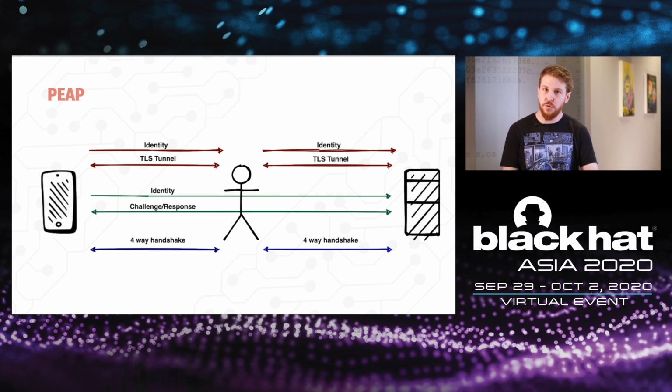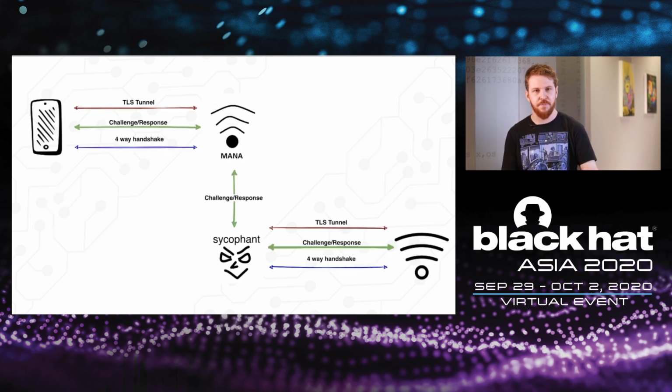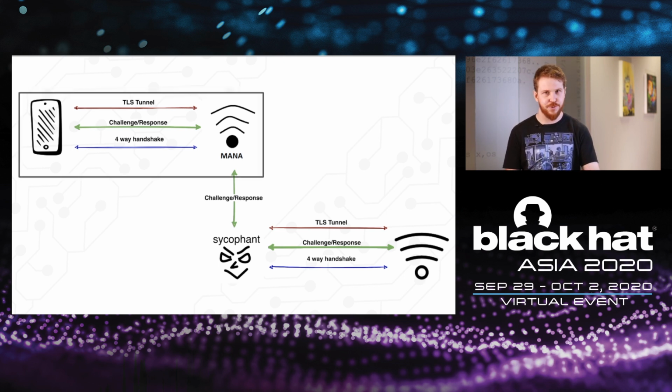This is done using two components. Here I have an evil server, which in this instance I chose to use hostapd-mana, which has all sorts of other Wi-Fi attacks built into it as well. That makes up this portion, where the client, being tricked, is connecting to us, and we're handling that TLS tunnel and that four-way handshake.